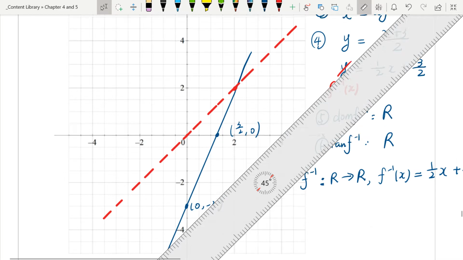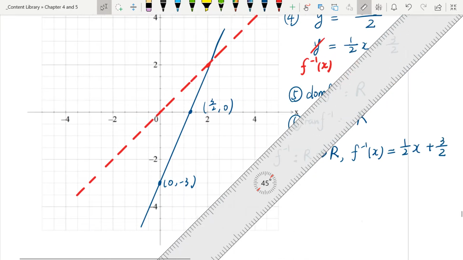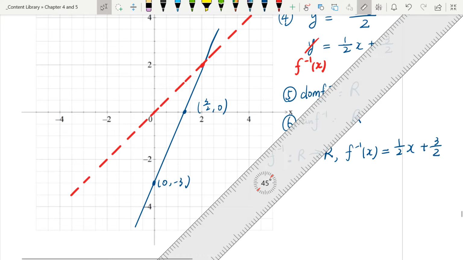So now I will sketch my f inverse function, a half x plus 3 over 2. What's your y-intercept? 3 over 2, right? So that's 1.5. Oh, no, sorry. I sketched the graph in the wrong place.